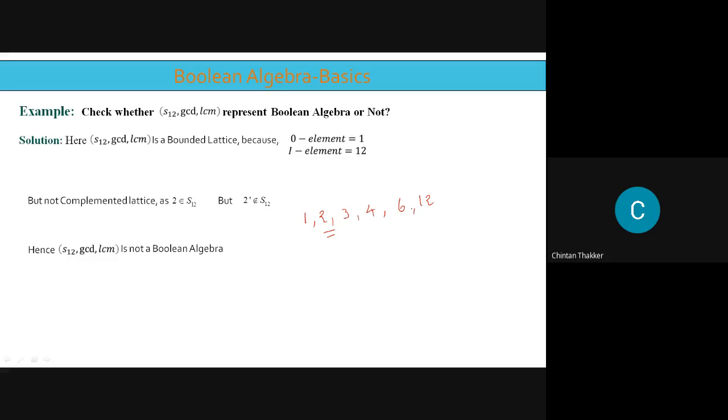Okay. So there is no element such that the GCD of 2 and the element is 1 and the LCM of 2 and the element is 12. So 2 dash does not belong to S12. So it is not a Boolean algebra.